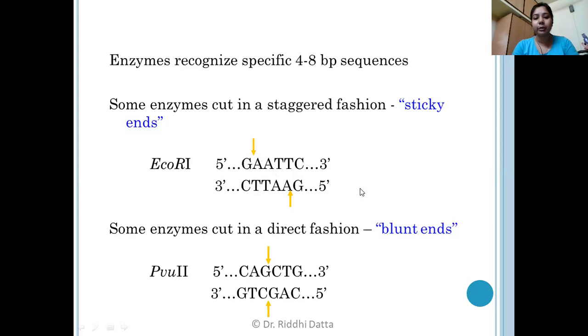So if you leave both the fragments together, these complementary overhangs will base pair and stick together, and that gives the name sticky end. So an example of the sticky end enzyme is EcoR1, and one of the enzymes that produces blunt end is PvuII. Another example is MA1. So these are very commonly used enzymes in molecular biology labs.